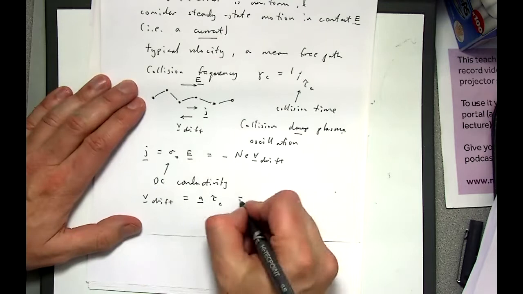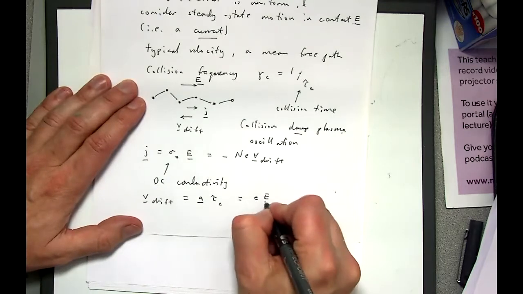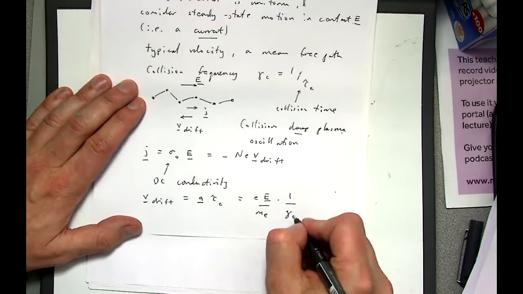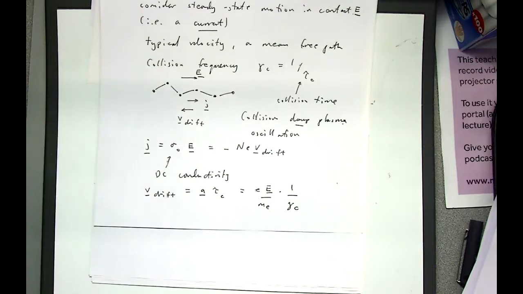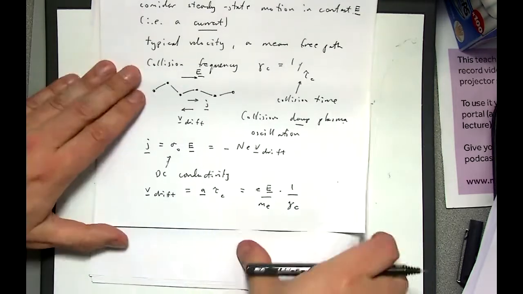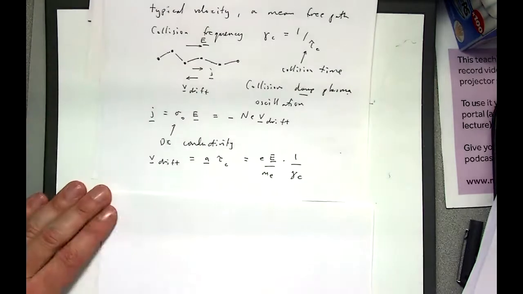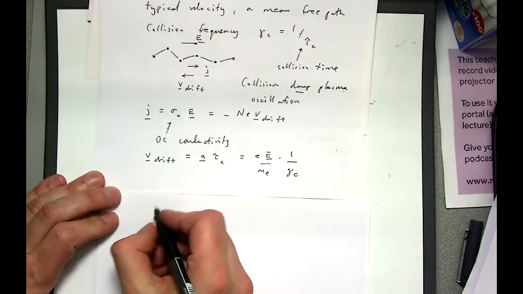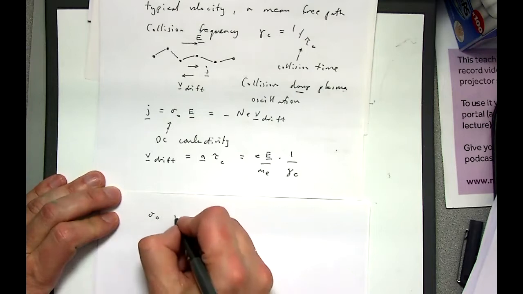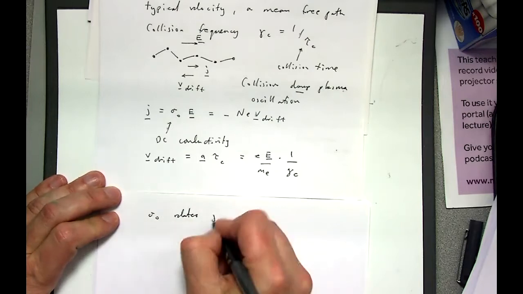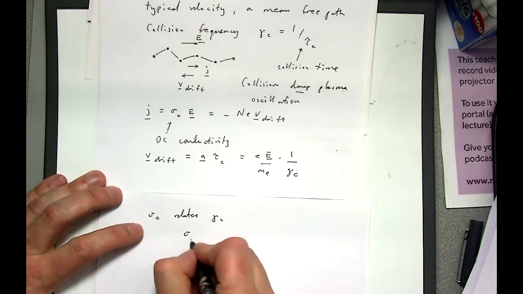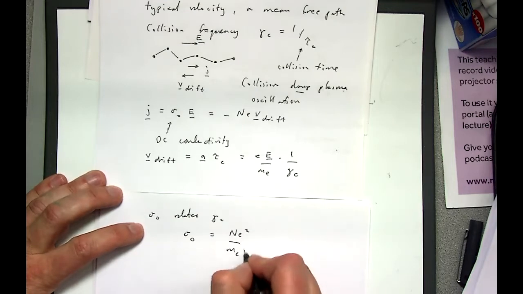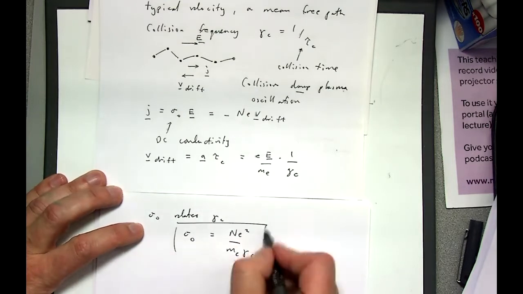So I can relate that to the electric field straightforwardly: e E over m times 1 over gamma c, because the collision time is 1 over the collision frequency. So therefore I can relate the conductivity to the collision frequency. You can see here that sigma 0 can now be related to gamma c from that very simple model. Sigma 0 equals n e squared over m gamma c. There you go. That was easy.